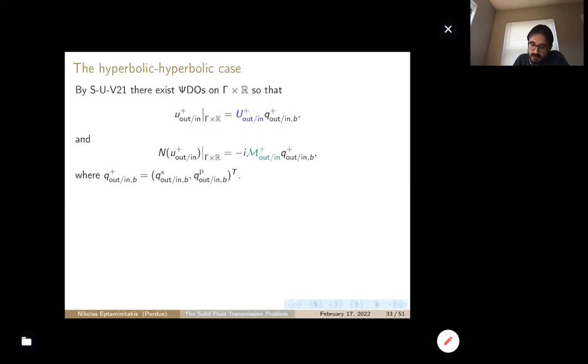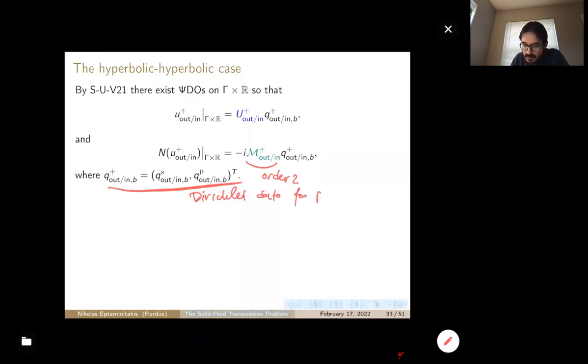And similarly for the Neumann operator, where this one is of order 2. And those are the Dirichlet data for the potentials in the solid.